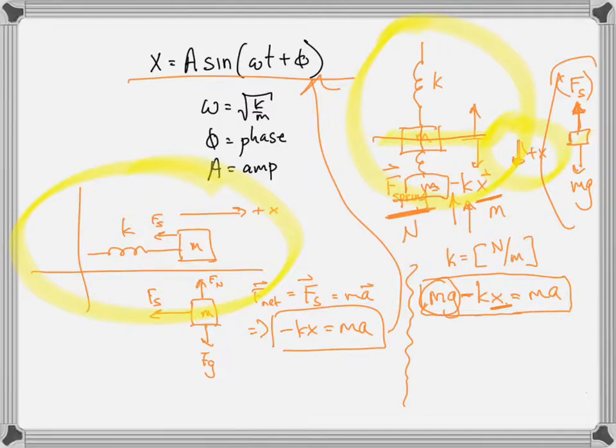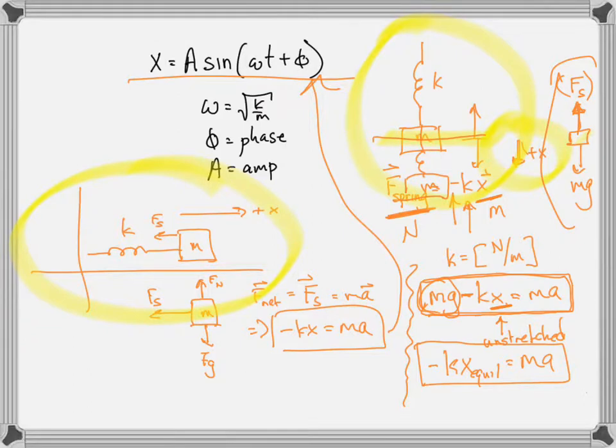So the equation that we've got here is where x is measured from the unstretched position. We can prove that if instead we measure x from the new equilibrium position, given by the fact that we've applied gravity, then this equation still holds for the vertical spring.